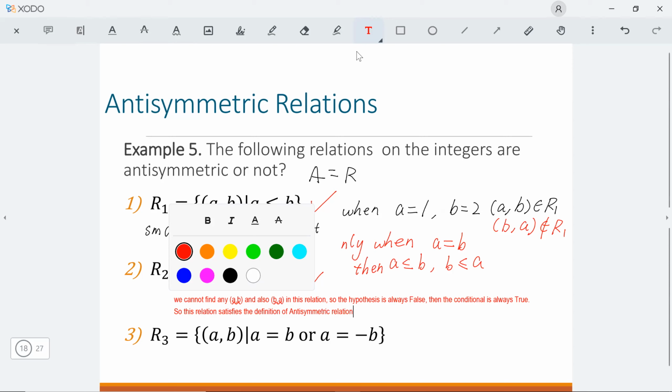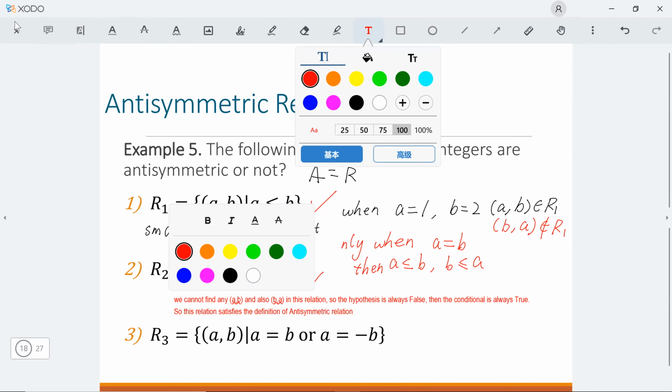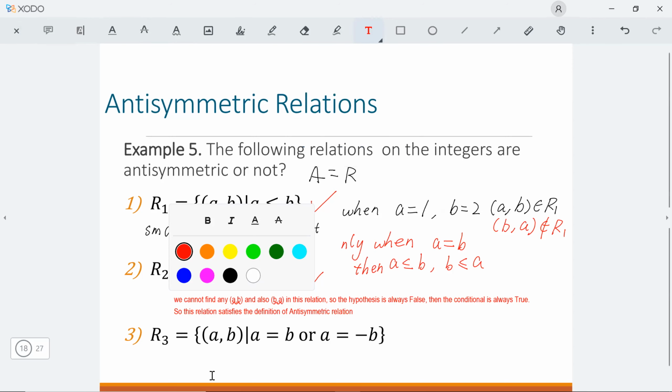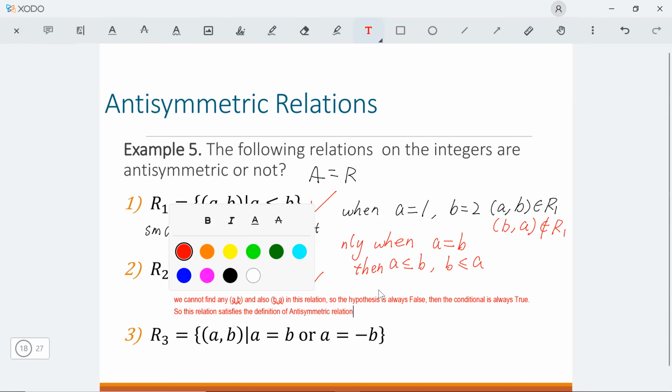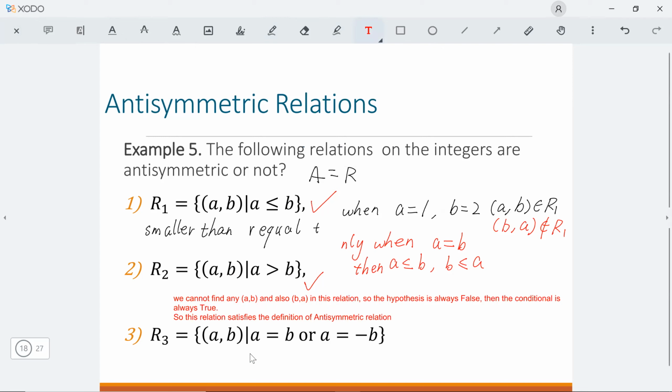So for R3, the definition is A equal B or A equal negative B. Whenever we have A equal B, the values of A and B of course equal each other, right?